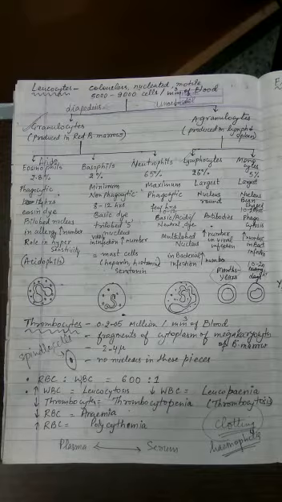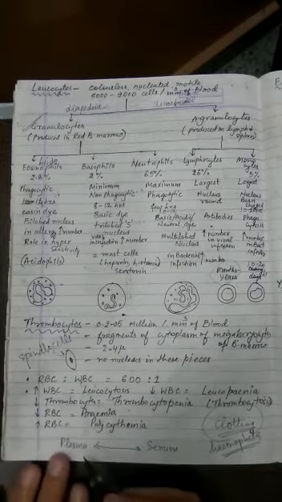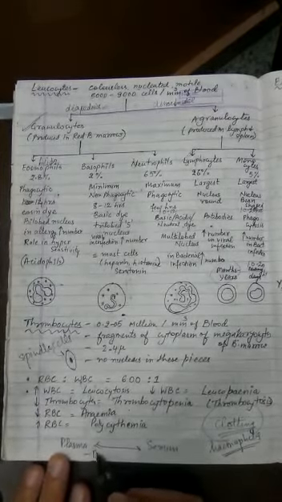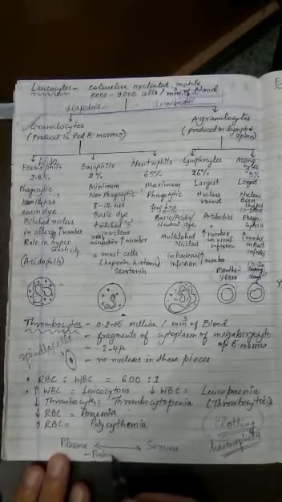We need to remember that there is another term which is called the serum. So we have a blood plasma and we have a serum. Let's understand what is the difference between these two. Blood plasma is the fluid portion of a normal blood, but serum is the liquid which is left after clot formation. So you can say plasma minus all the proteins which are involved in clot formation.